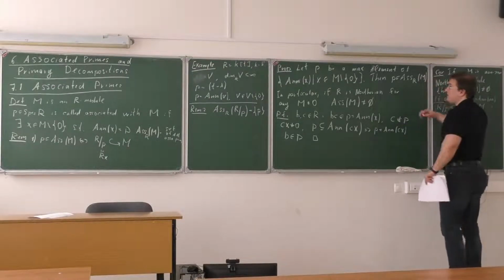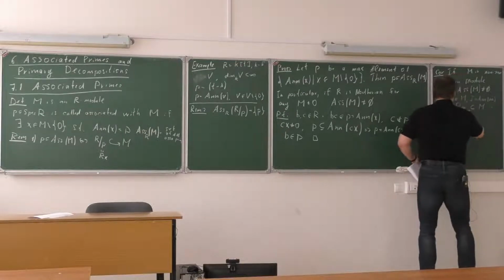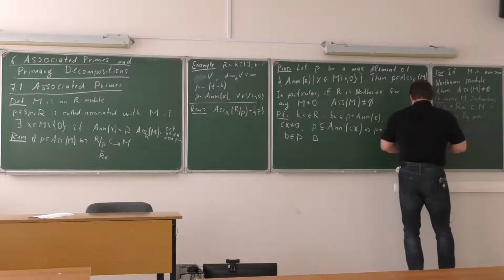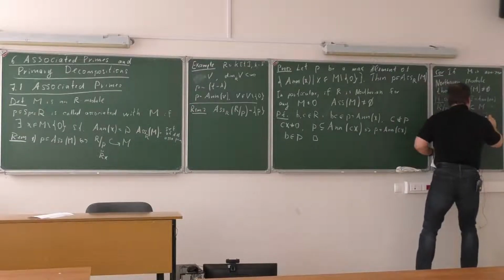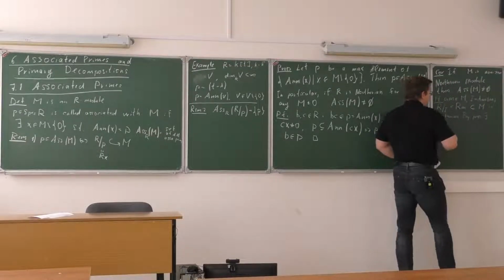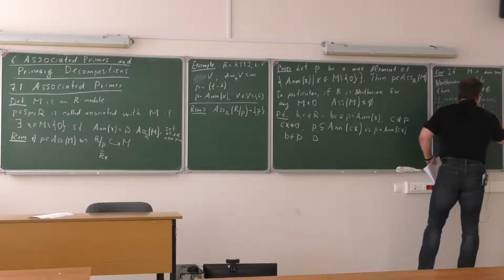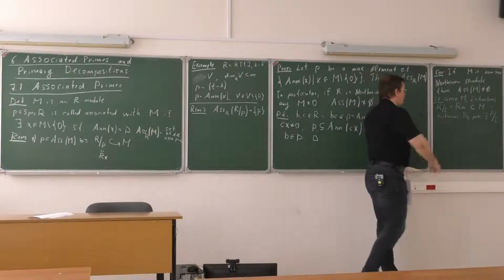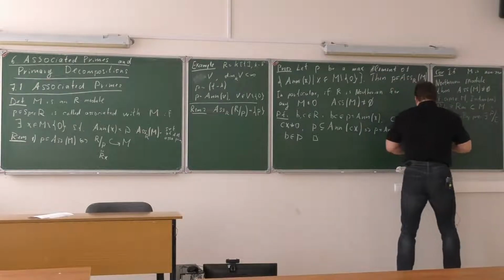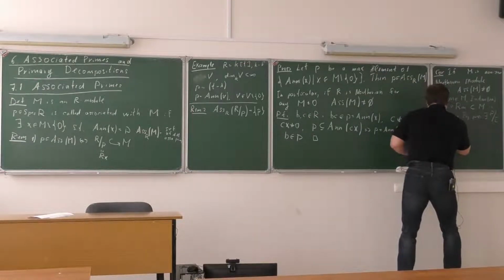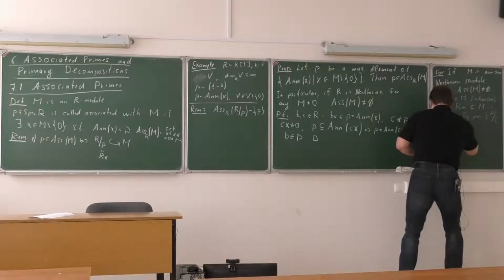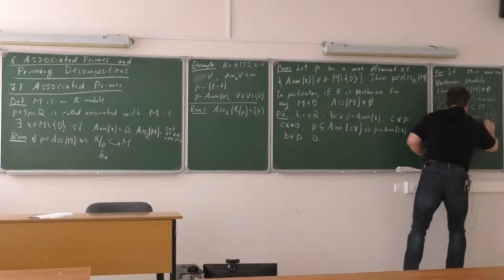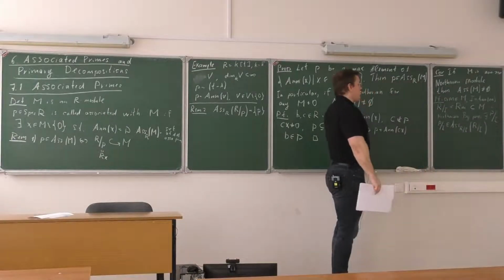So by the proposition we get that there is a prime ideal in this quotient ring, and I'm going to denote this prime ideal using the correspondence theorem P modulo I. So that's a prime ideal in this quotient ring, such that P modulo I is associated to the module R modulo I over the same ring.